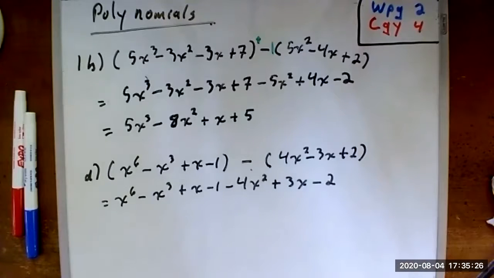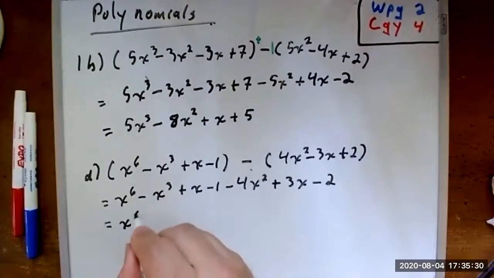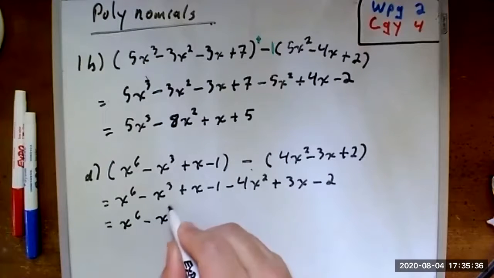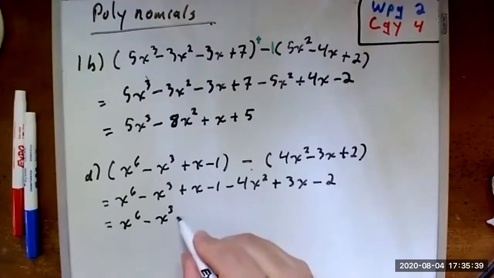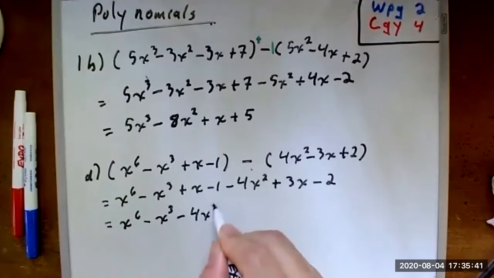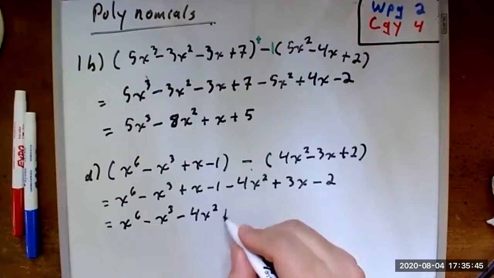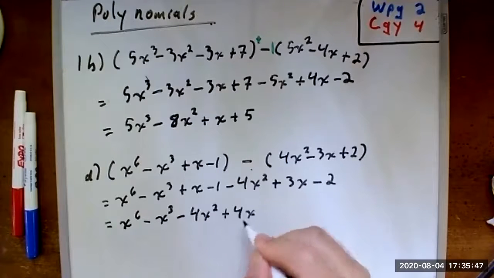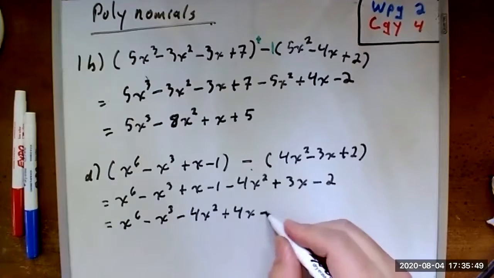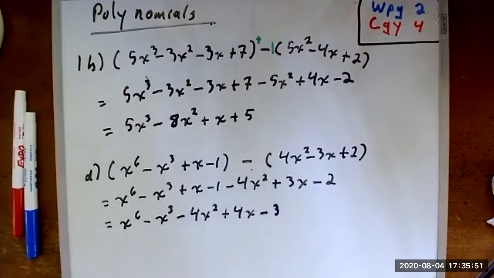Negative times a positive gets me negative. Negative times the negative gets me a positive. Negative times a positive gets me a negative. I only have the 1x to the 6th term. I only have the 1x cubed term. I only have the 1x squared term.